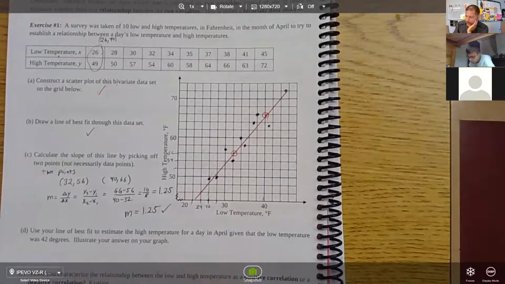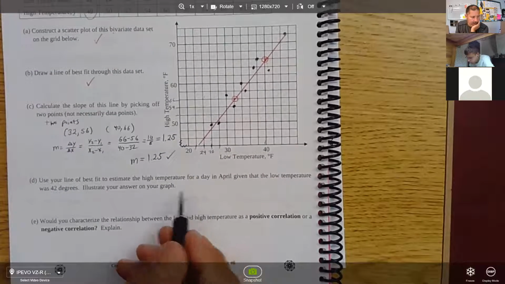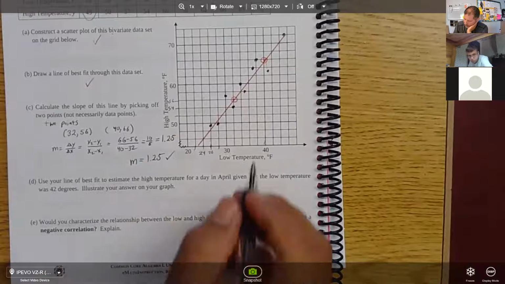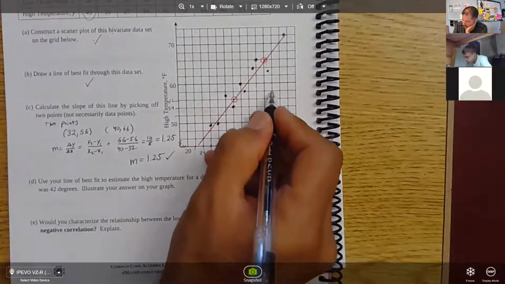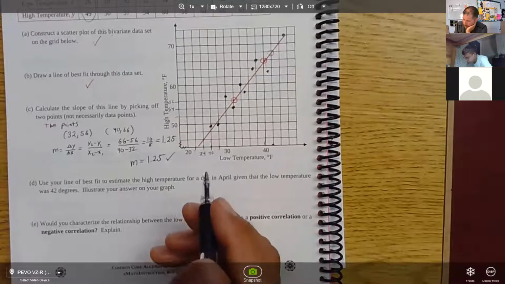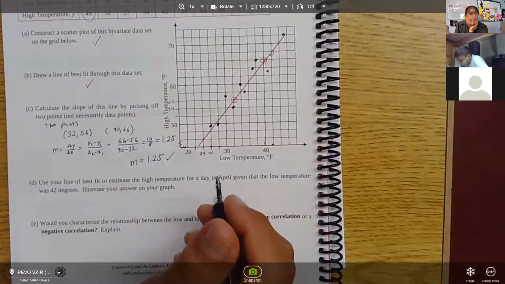Use your line of best fit to estimate the high temperature for a day in April, given that the low temperature was 42 degrees. All right, so for a low temperature of 42 degrees, we're going to look over here, look all the way up. And what I see is it's just below 68 degrees, but it's pretty darn close.